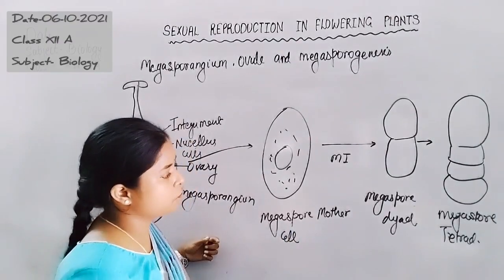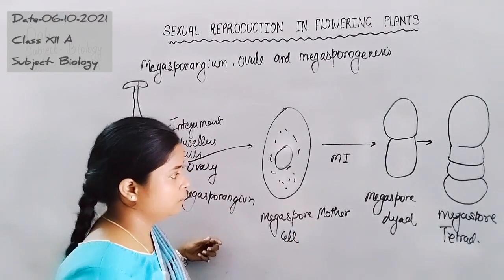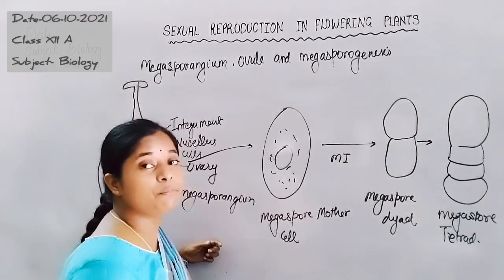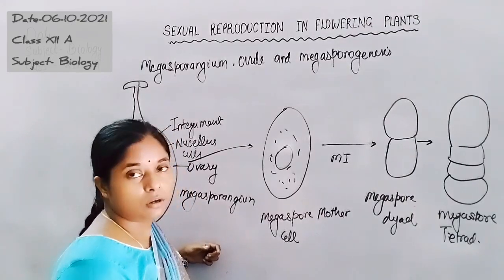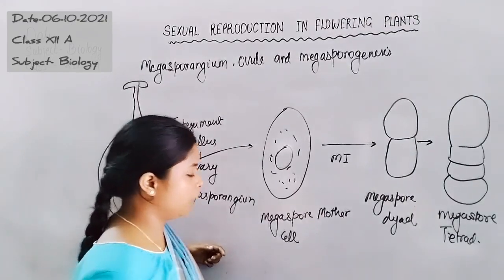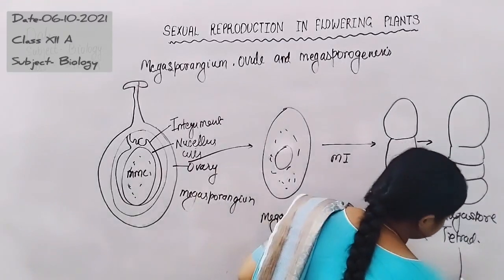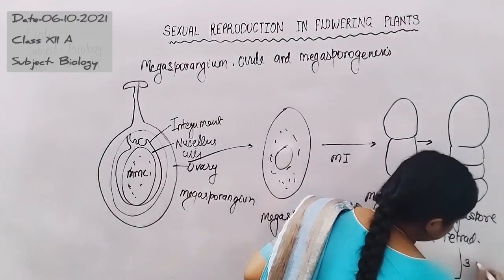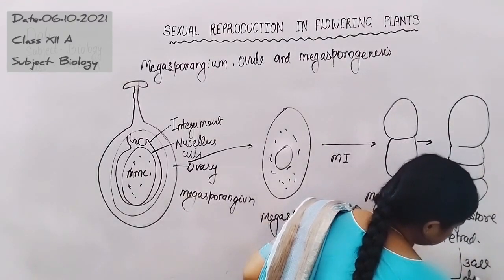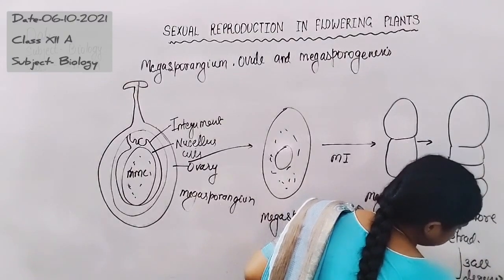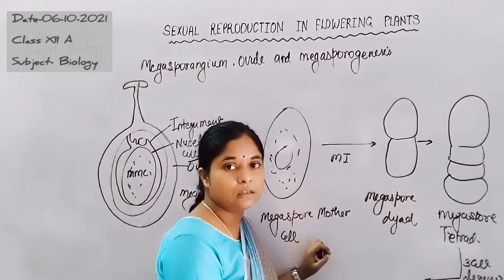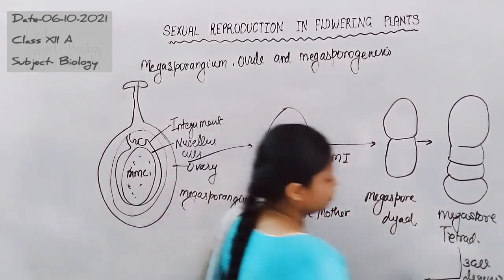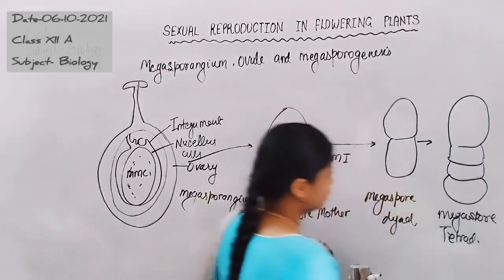After the formation of the megaspore tetrad, three cells undergo degeneration. Only one cell of the megaspore becomes enlarged.